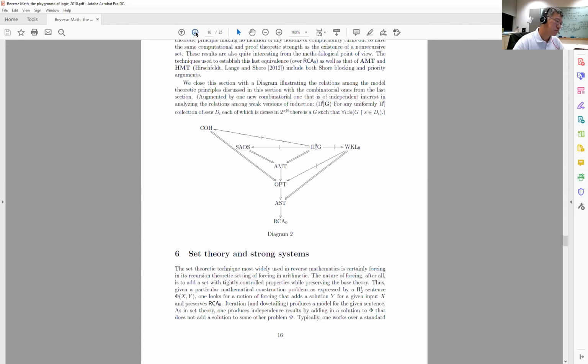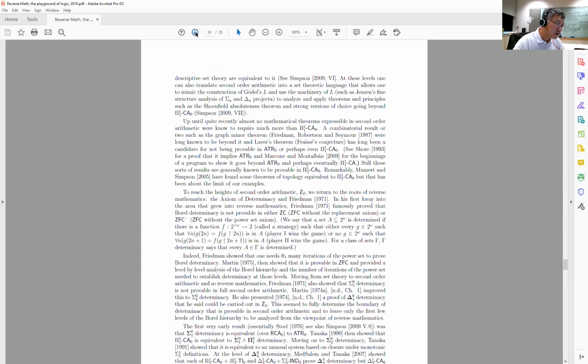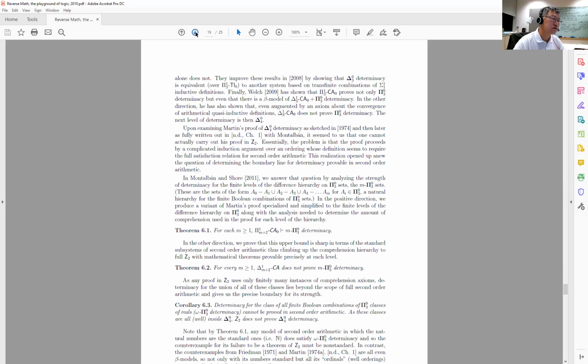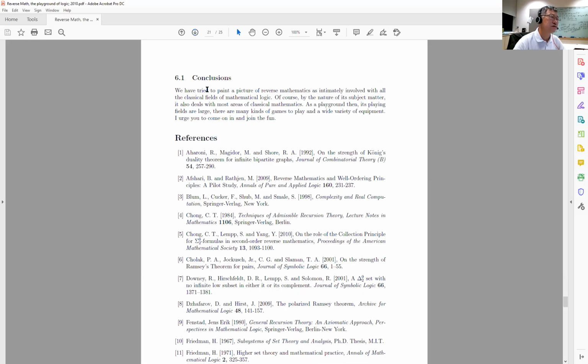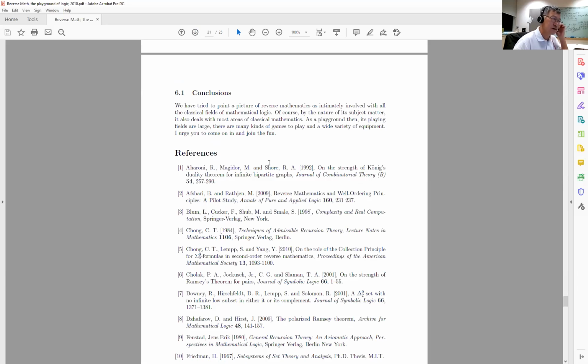The last thing I want to show you is the conclusion from Richard Shore's paper. He says, we have tried to paint a picture of reverse mathematics as intimately involved with all the classical fields of mathematical logic, which are proof theory, recursion theory, model theory, and set theory.